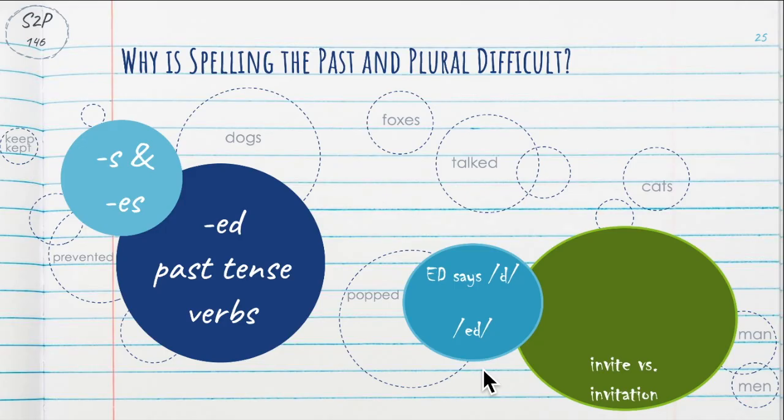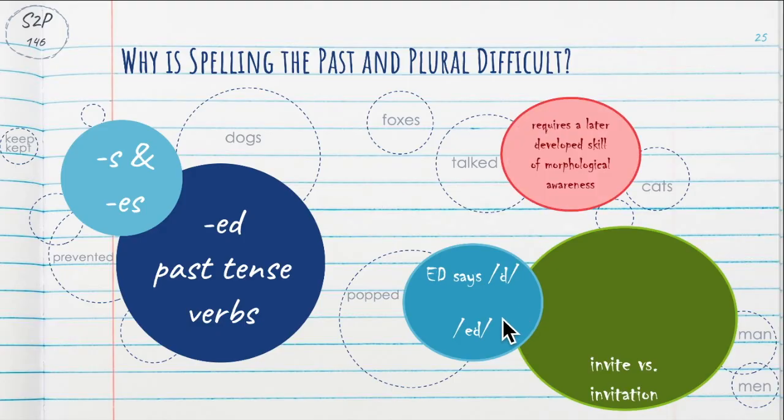So why is spelling the past and plural difficult? Well, because we have some weird things happening. You're going to have S and ES. You're going to have ED with past tense verbs. You're going to have ED saying D and ed and t. You're going to have TION and things like that. These kind of challenges with these suffixes require a developed morphological awareness.